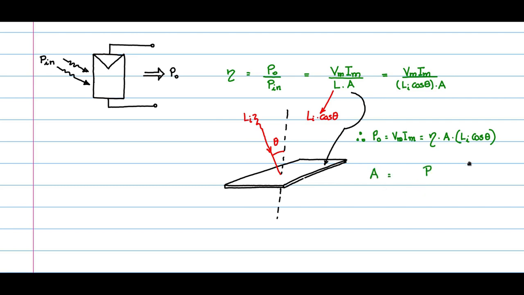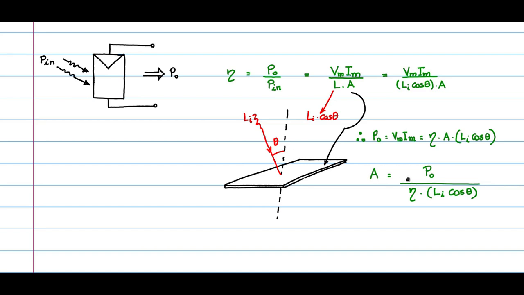So if you rewrite this equation, A is equal to P naught by efficiency into Li cos theta. So you see that area of the panel is proportional to P naught and also inversely proportional to the incident insolation. So at a given place, if the insolation is high, then the area of the panel that you need to select and choose for that place can be lower.